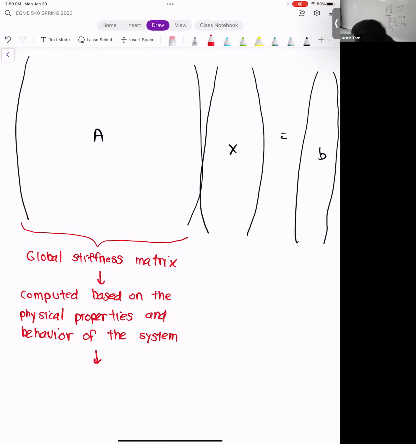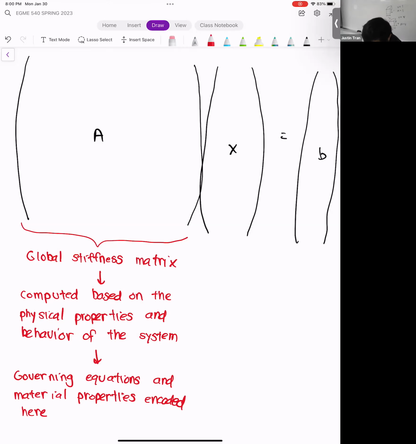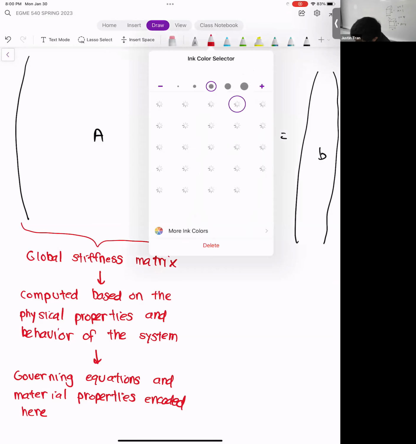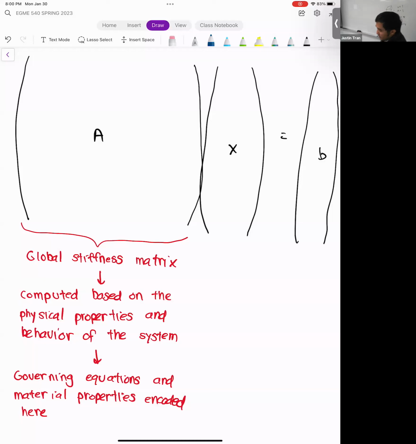Relating this to what we've been talking about today and what we will talk about in the future, when you think of things like the governing equations for the system and the material properties, that information gets encoded into the stiffness matrix. So that's the global stiffness matrix.